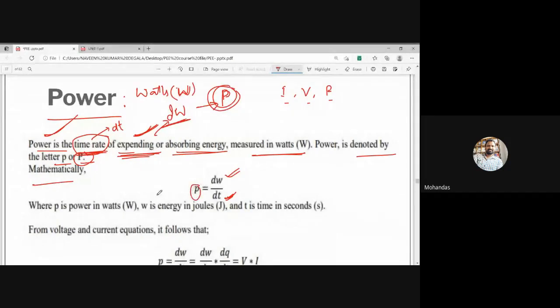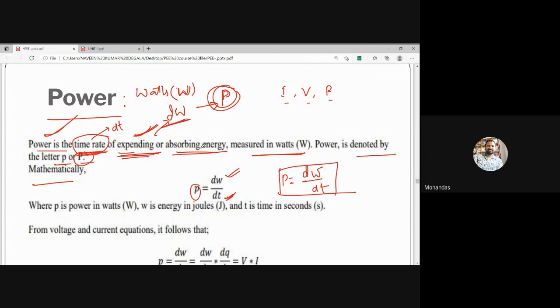So the mathematical expression of the power equals dW by dt. Time rate of expending or absorbing energy. Just now we have seen the voltage as the work done to move a charge. At that time we are absorbing some energy or expending some energy. If you take a particular time, the time rate of that energy is known as power. These basic definitions are very, very important, and it is measured in watts.